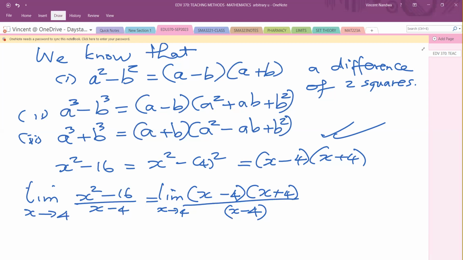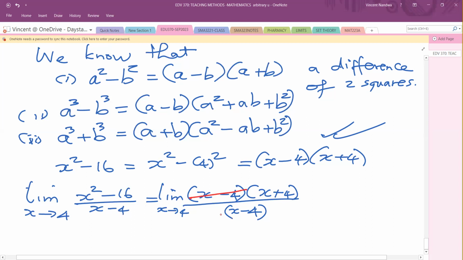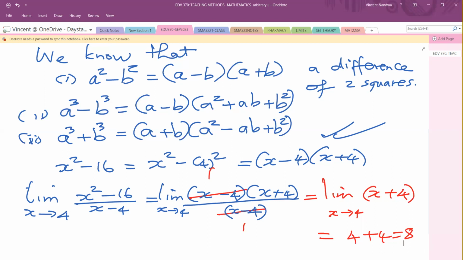Kuna kitu iko common, x minus 4, x minus 4. Yeah, hizi ndio na cancel zote hizi. So nabaki na limit as x approaches 4 of x plus 4. Sasa hii inapatia nini as our final answer? 8. Directly substitute penye kuna x weka 4, itakuwa 4 plus 4 which will be 8.